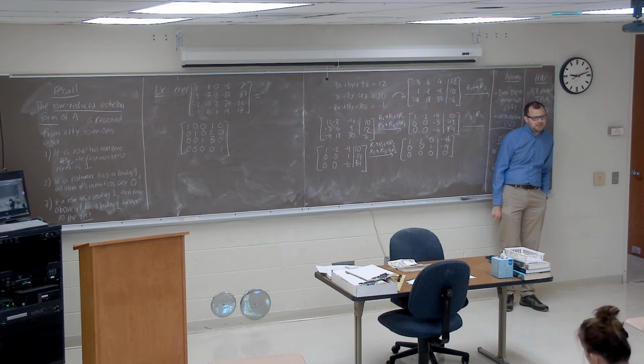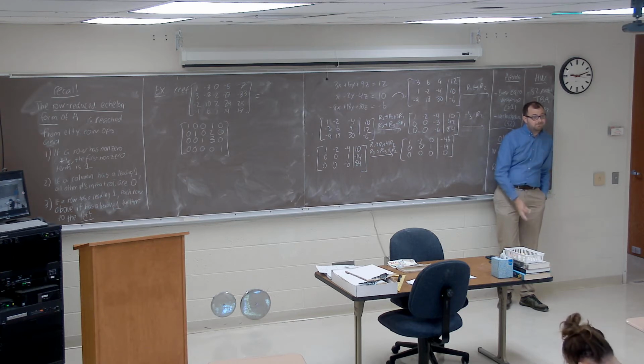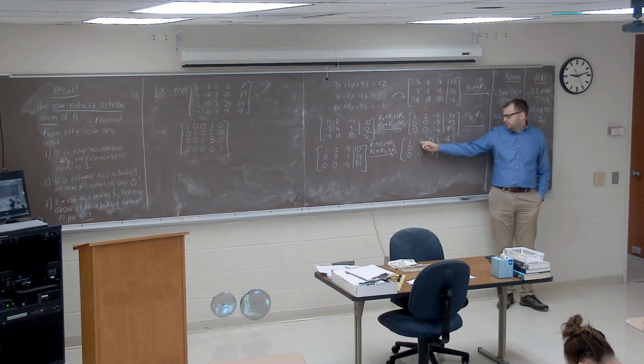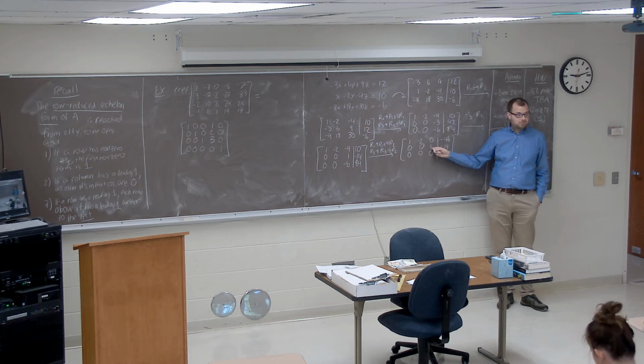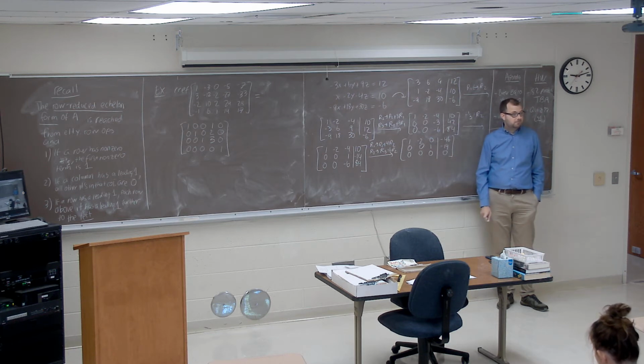What else do we need to do to get this matrix in reduced row echelon form? We would need to get rid of the negative 2, or get rid of the second column 0, because in the second row, your leading 1 needs to have. Never mind.